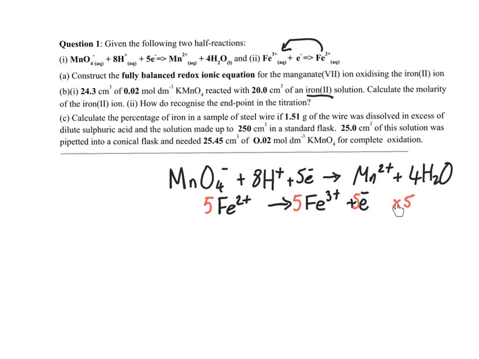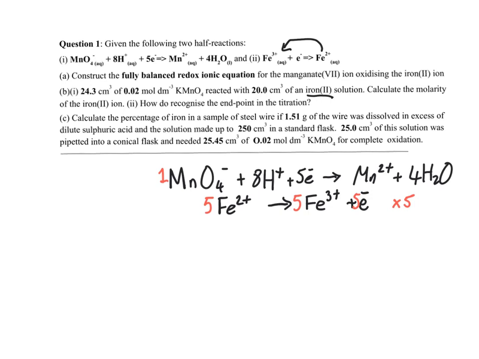I've multiplied it by 5 because you can see that the oxidizing agent requires 5 electrons. 1 mole of the reducing agent, the Fe2+, only gives 1 electron, so we multiply it by 5. So the ratio of the oxidizing agent to the reducing agent is 1 manganate to every 5 Fe2+ ions.